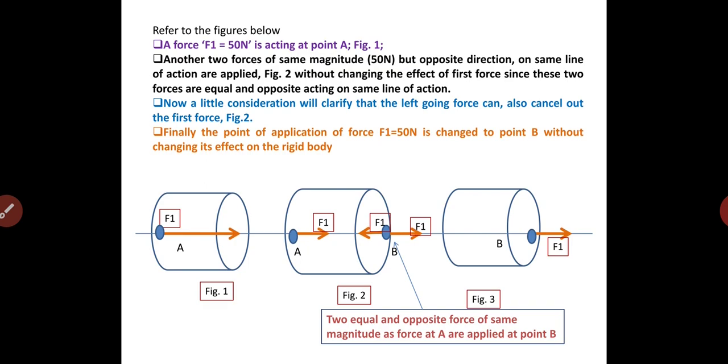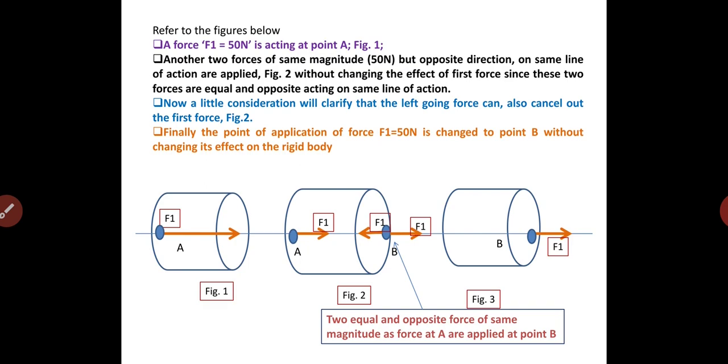Refer to the figure below. A force F1, say 50 Newton, is acting at point A in figure 1. And in figure 2, two equal and opposite forces of the same 50 Newton magnitude on the same line of action, but at another point B, are applied.